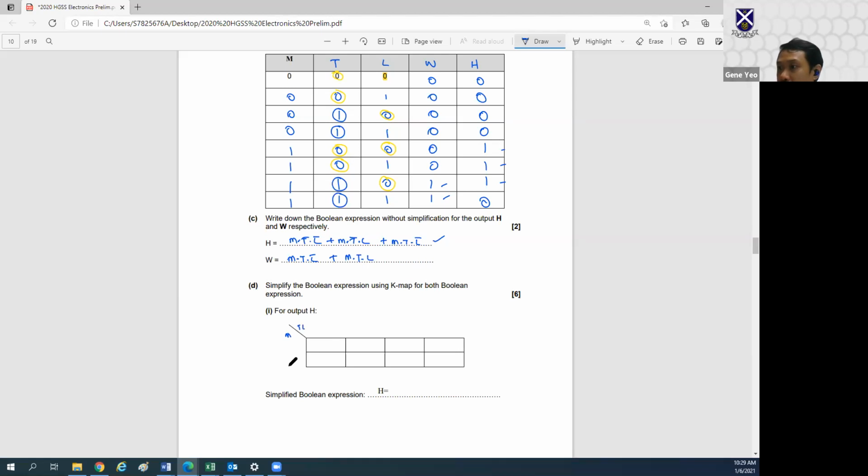Usually we always put four zeros followed by four ones over here. So this M, and this 2 is your TL. Always remember, this is your 0, 1. This is your 0, 0, 0, 1, and this is special: it is 1, 1 first before it is 1, 0. You must always follow this pattern. So now we can populate it.